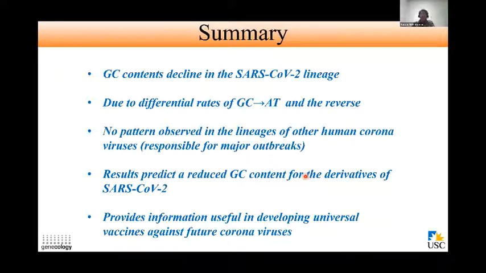And we didn't observe a similar pattern in other lineages of coronaviruses. The results predict that future derivatives of SARS-CoV-2 may have a reduced GC content, and this may be useful in developing vaccines for future derivatives.